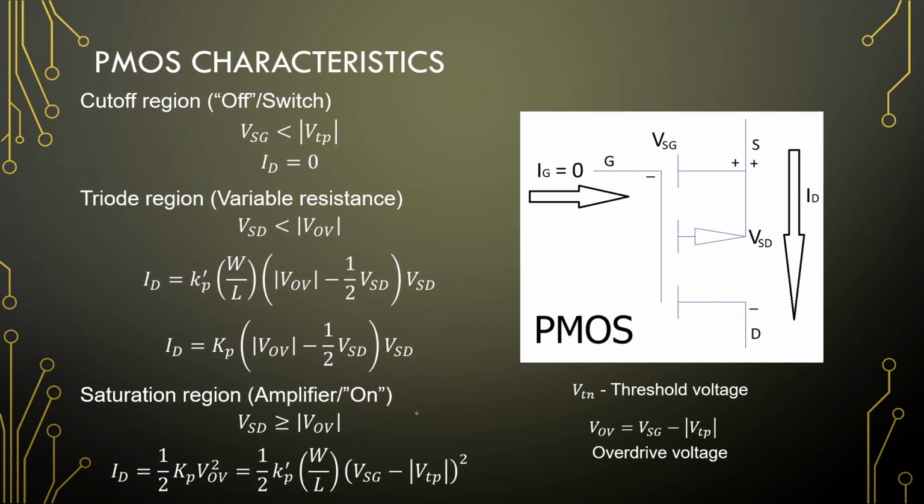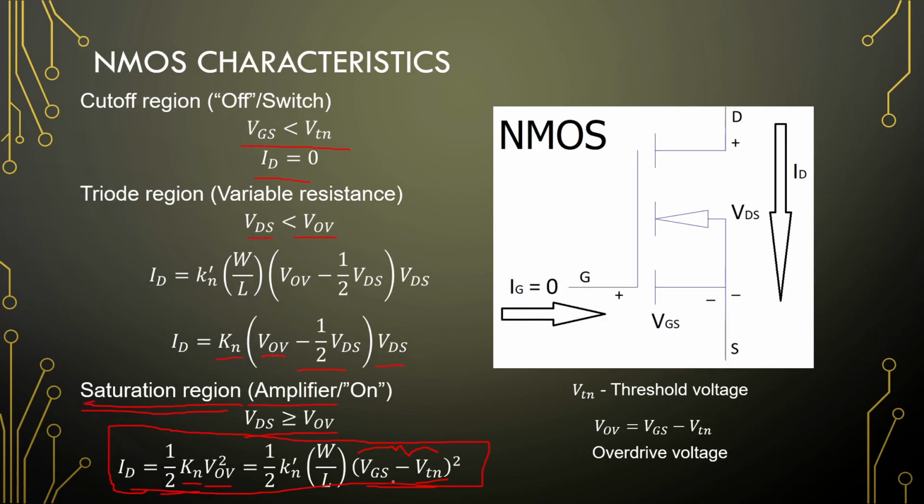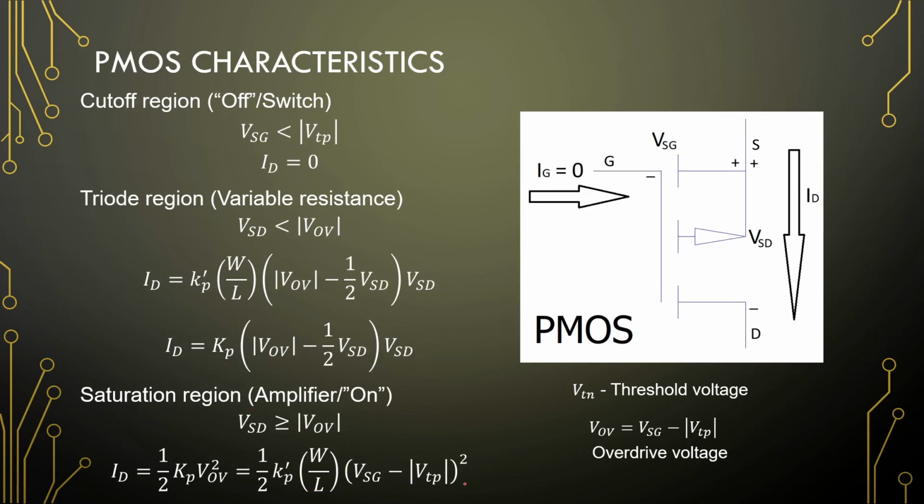For the PMOS, the threshold voltage of a PMOS is typically a negative voltage. So you will find that everywhere they include it in absolute values, and then they still do the subtraction in all of the equations. So in short, all of the equations are exactly the same, just VTP is taken as an absolute value.